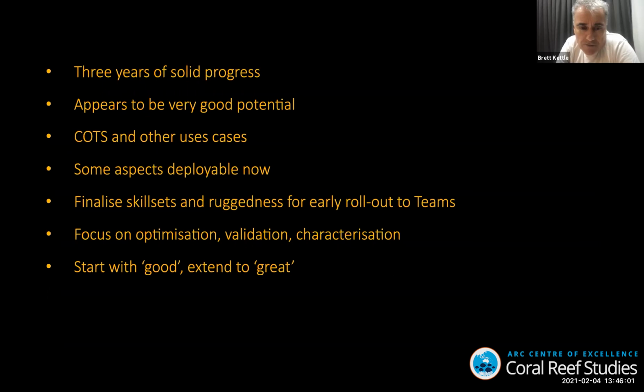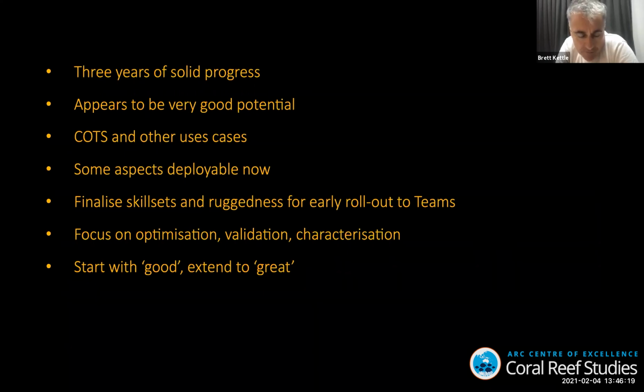We're going to focus a lot ourselves, and we're hoping, of course, that there'll be support for optimizing and validation of the technique, and especially inter-method comparisons and characterizations of where and when it works and where it might need more work.